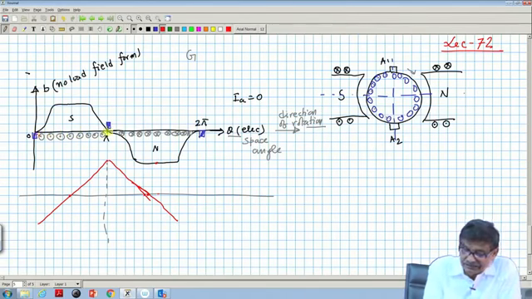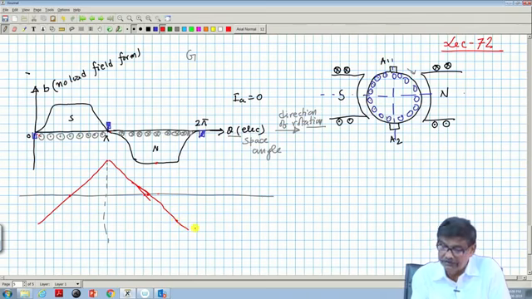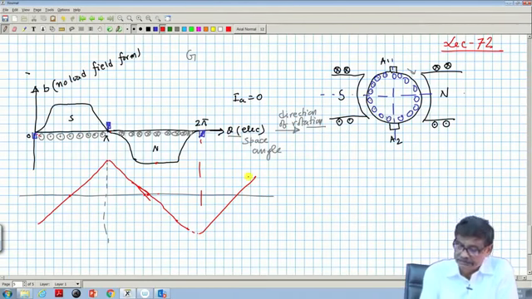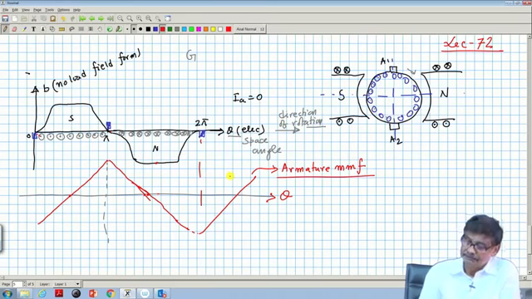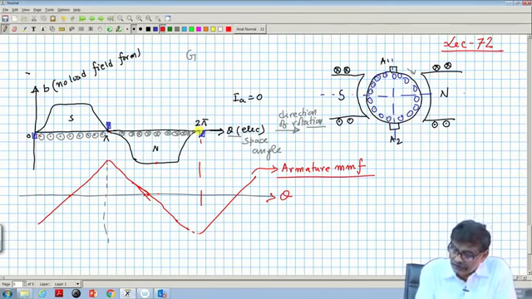This diagram, this and this are not equal, they should be, but you understand what I mean. Once again this peak will be here at the brush and it will continue like this. The red one is the armature MMF. And this is the same theta, clear. Here once again there is no pole, that is why it will go up.